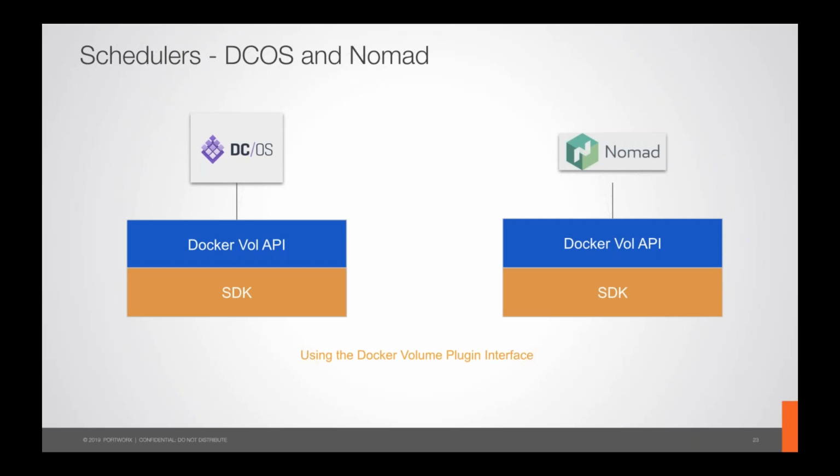As a part of that inline spec, they will pass in the token, and that's how we will get the token, and we'll make sure that authentication and authorization are rightly followed as far as the policies are concerned. So it's very straightforward through the Docker Volume API for users of DCOS and Nomad.